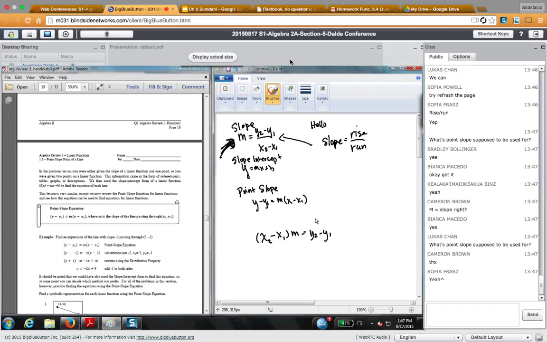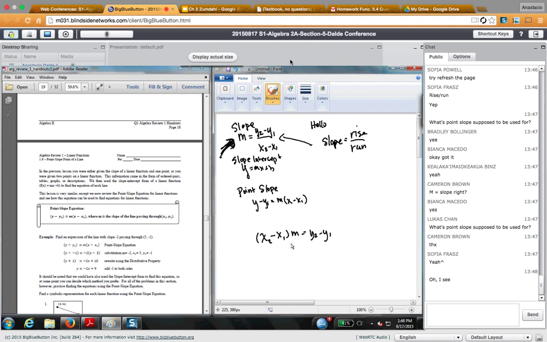So that means I can make something else my variable. In this case, let's make the second point a general x and y, not a very specific x and y. So I have x minus x1 times m equals y minus y1. Is anyone freaked out about that step right there?